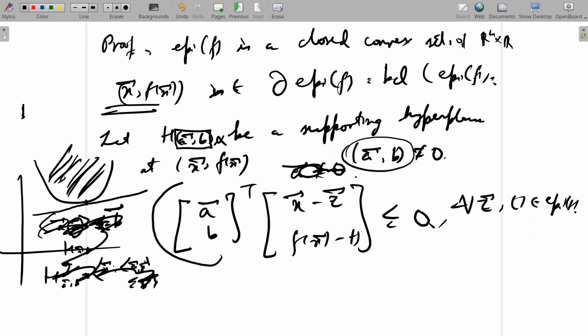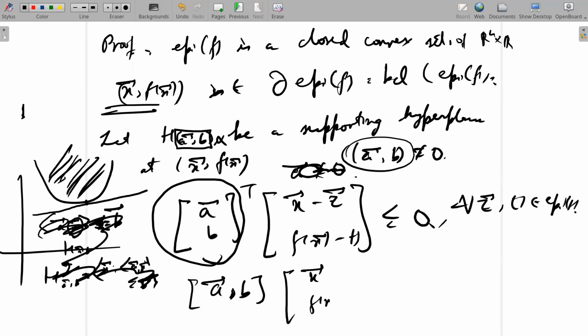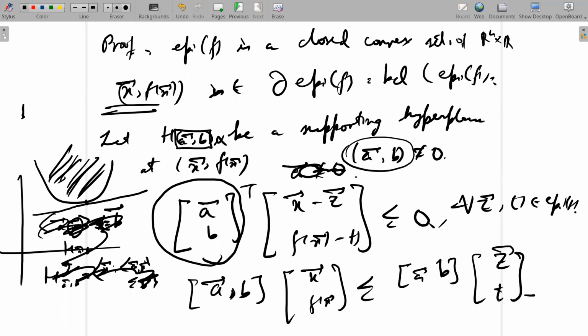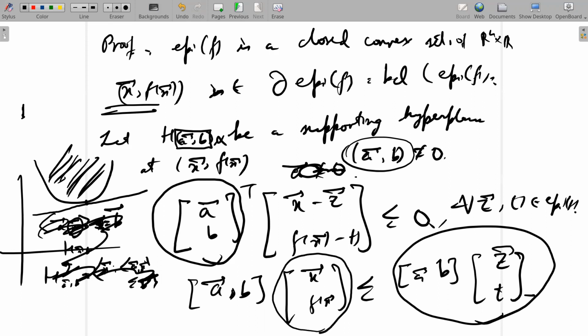Essentially what I'm trying to say is this vector (a, b) times (x, f(x)) is less than or equal to (a, b) times (z, t), because (x, f(x)) is on the boundary, so it lies in the affine hyperplane.